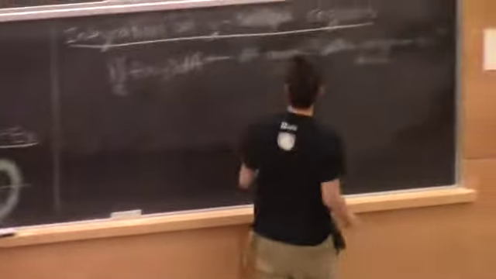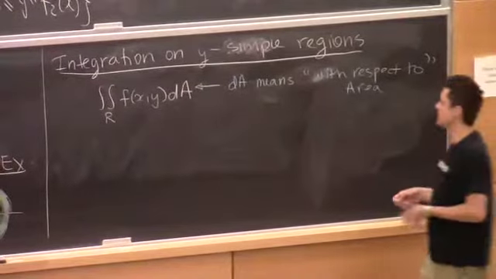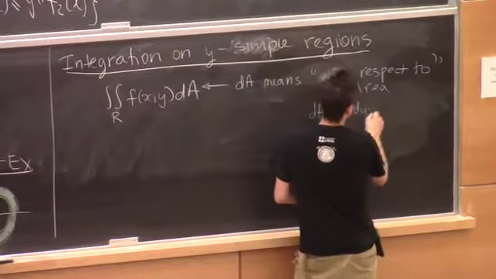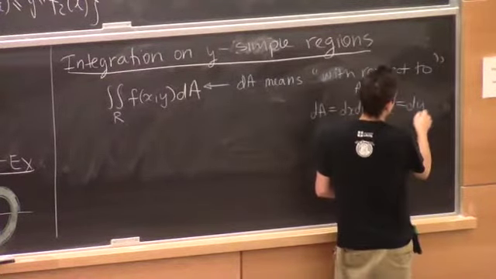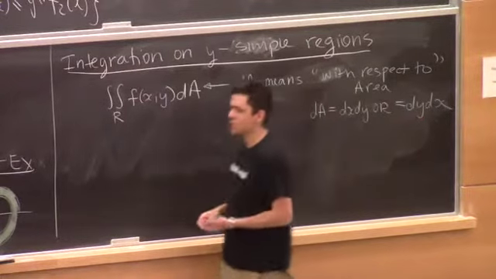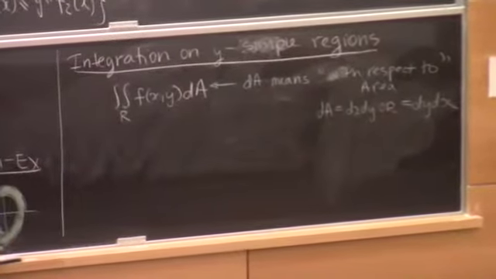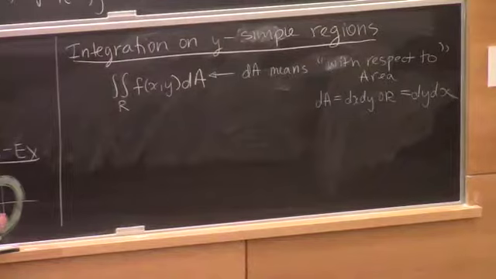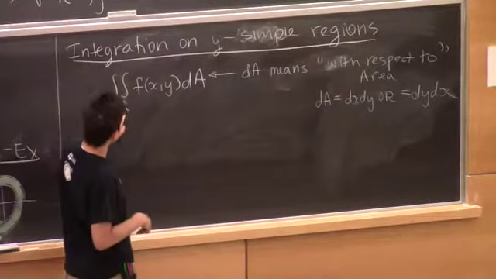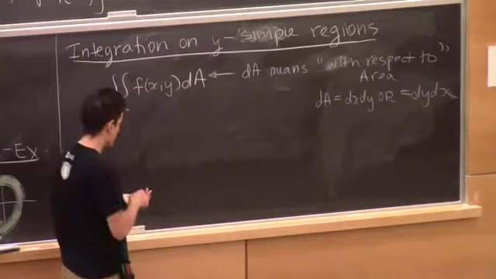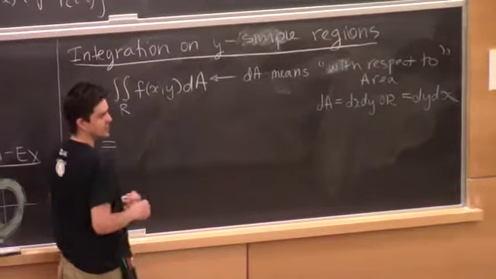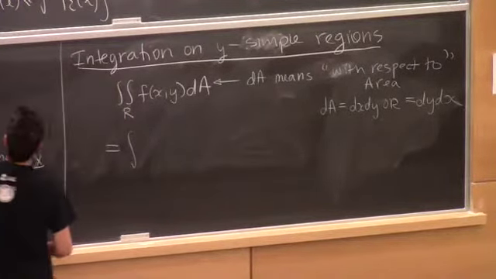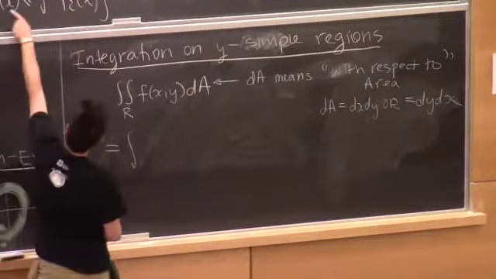Okay, so dA means with respect to area, and we're going to see that dA is equal to dx dy or equal to dy dx. Okay, we've seen that you can write this down with either one of those setups. So this integral over a region of this function with respect to area, we can write it as an integral where if we're y simple, we have control over the y coordinates.